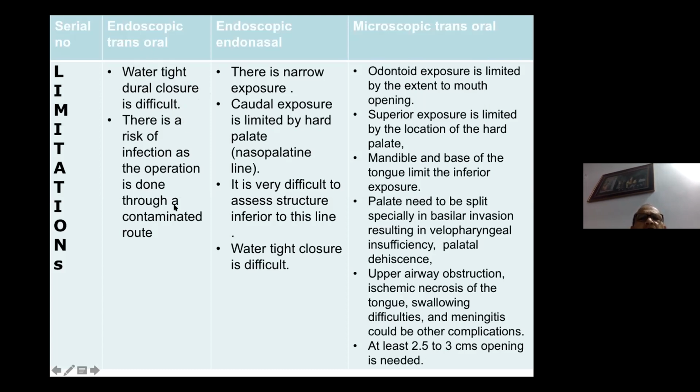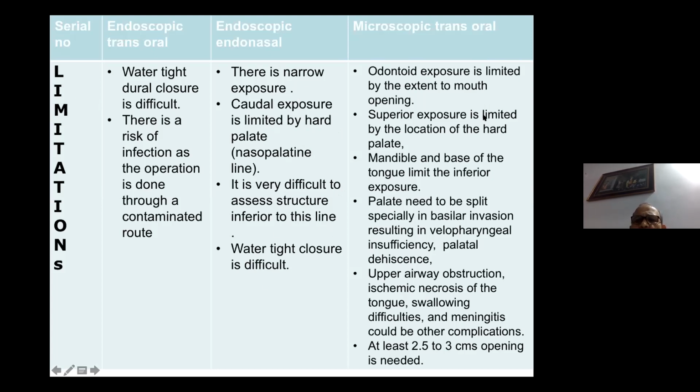Transnasal also, the disadvantage is narrow corridor and oblique corridor. The caudal exposure is limited by the hard palate. Very difficult to access structures inferior to this line, that is hard palate. Watertight dural closure, again, you can use tissue glue. In microscopic surgery, there are limitations. Exposure is limited by the extent of mouth opening.